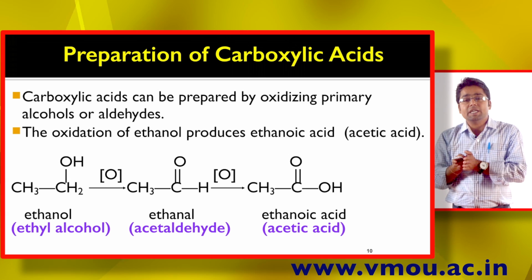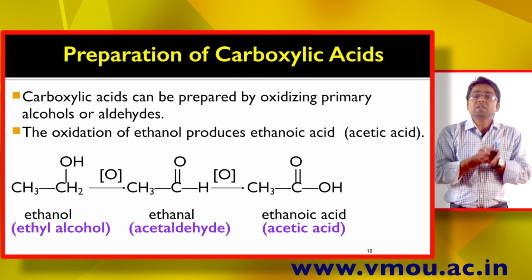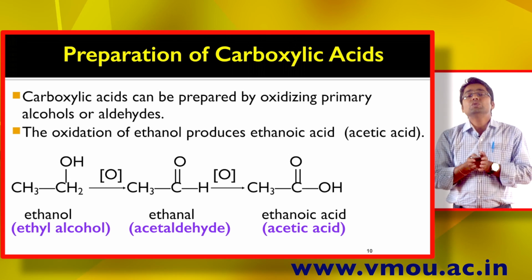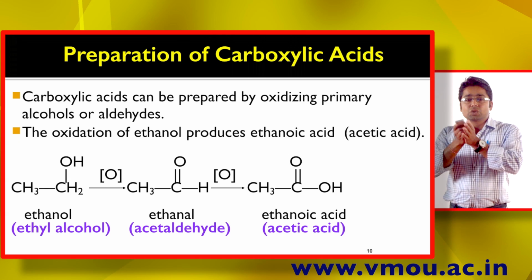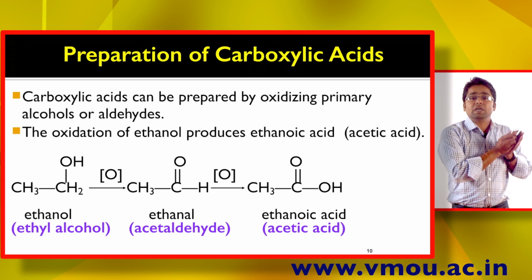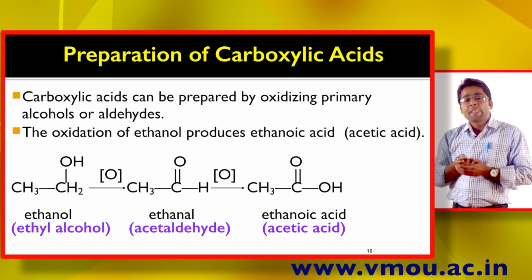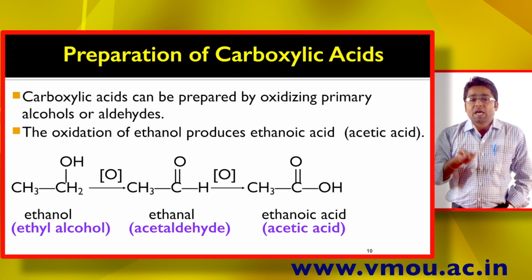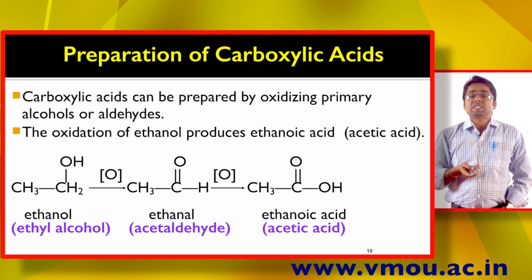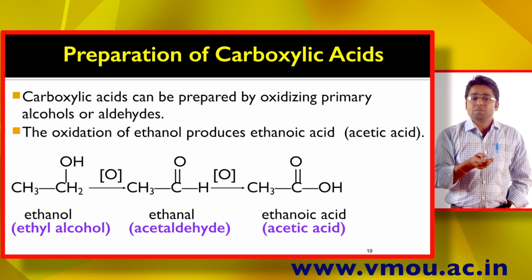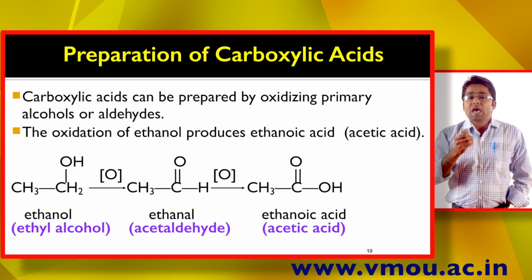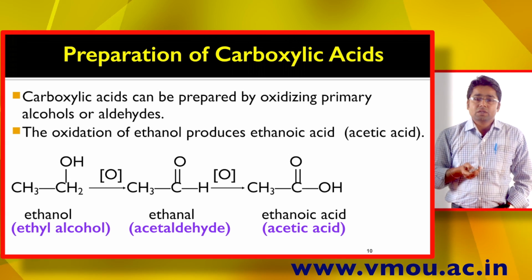When this aldehyde is further oxidized with some oxidizing agent, it produces carboxylic acid. Here is the example of ethanol, in which ethanol is oxidized by an oxidizing agent and converted into ethanal, which is an aldehyde, and when this aldehyde is further oxidized by another oxidizing agent, it is converted into a carboxylic acid.